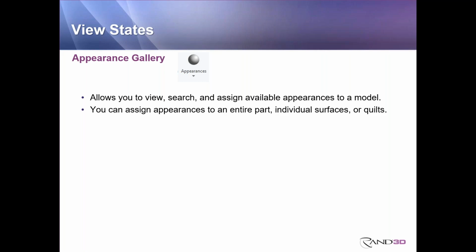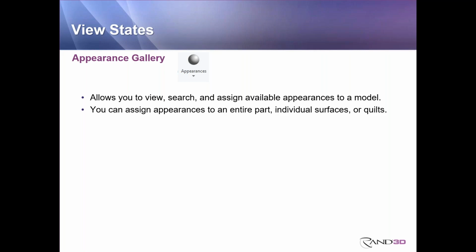You can expand out the area and it will allow you to view, search, and assign available appearances to a model. The functionality allows you to assign or set appearances to the entire part, or to individual surfaces of the model, or to surface quilts.